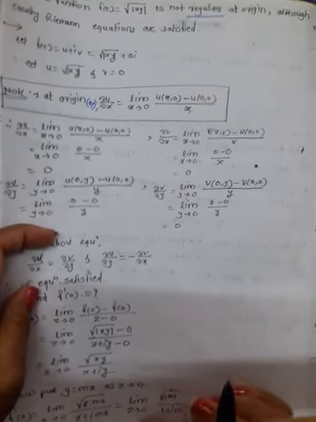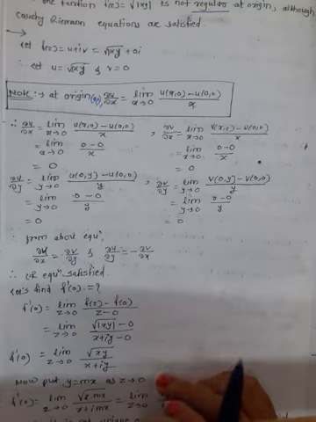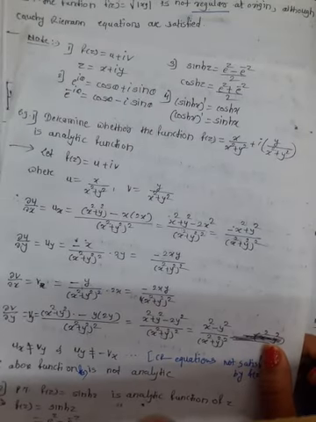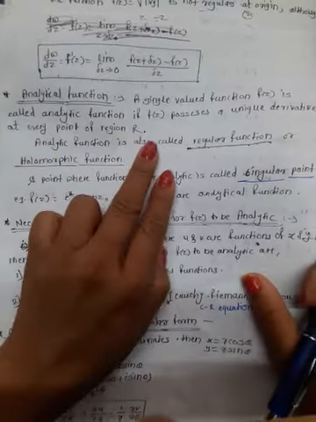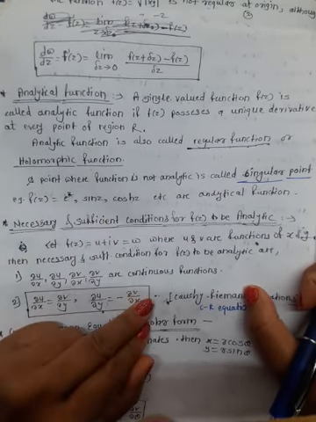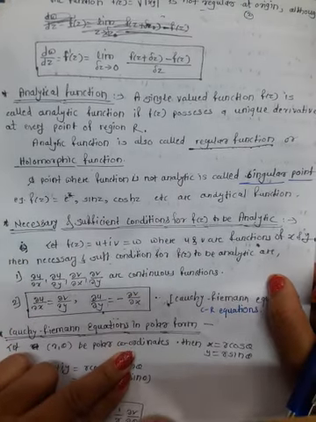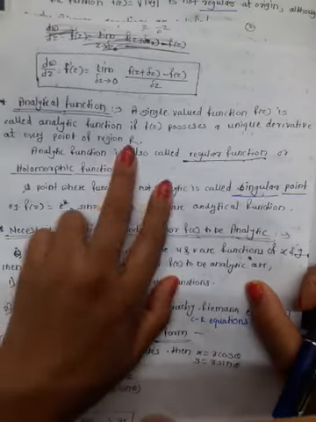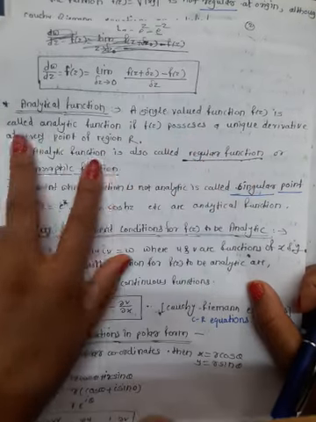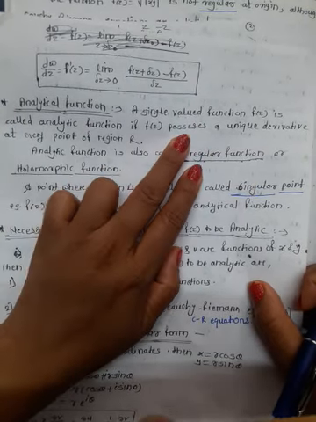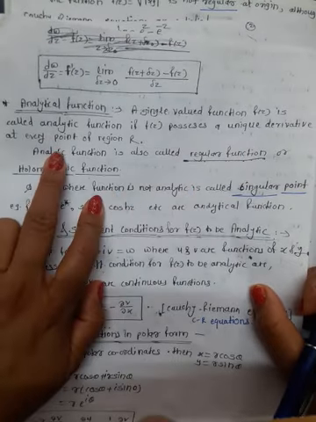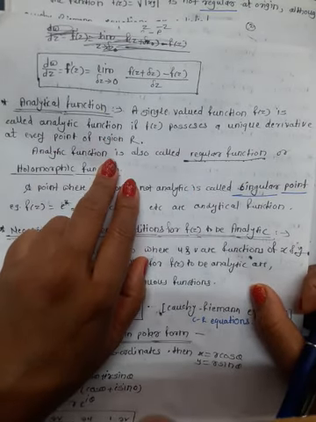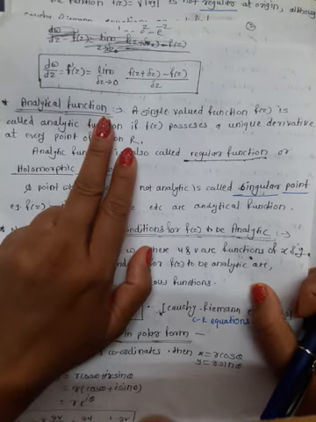Now what is the definition of an analytic function? A basic theoretical question. A single valued function f(z) is called an analytic function if f(z) possesses a unique derivative at every point of the region R. What is the meaning of this?